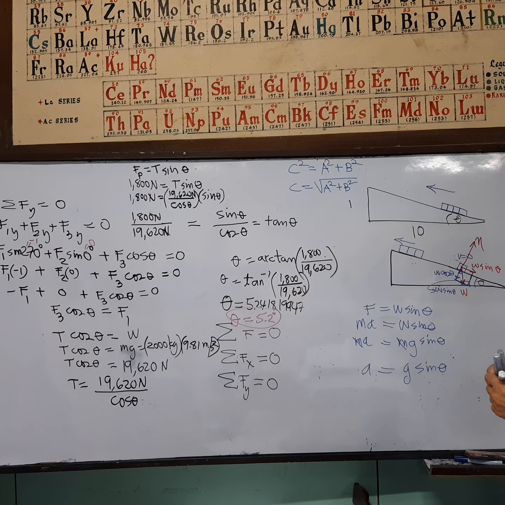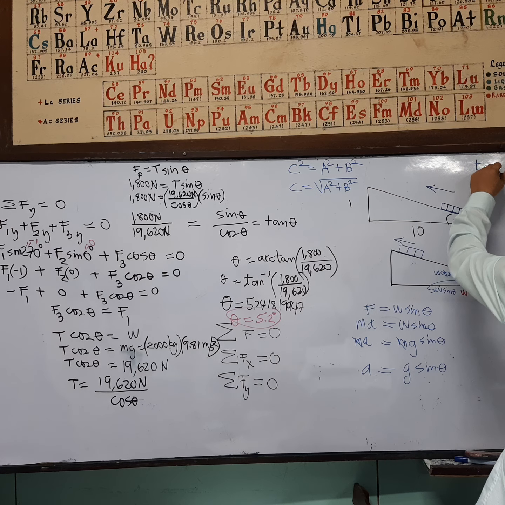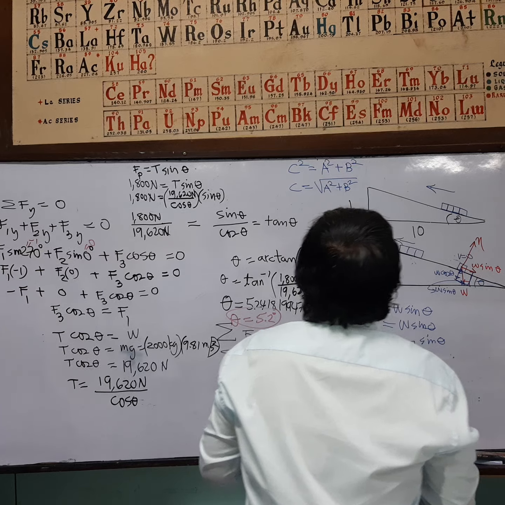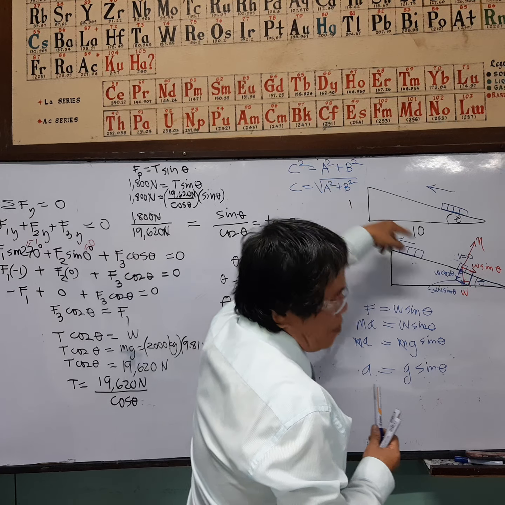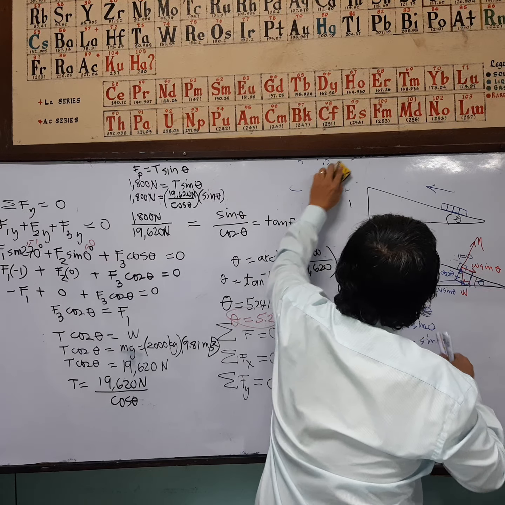Solve the hypotenuse in order to get sine theta. Sine theta equals the opposite side over the hypotenuse. To avoid that, a shorter way, you get the tangent. To avoid using the Pythagorean theorem, I'm going to erase this.